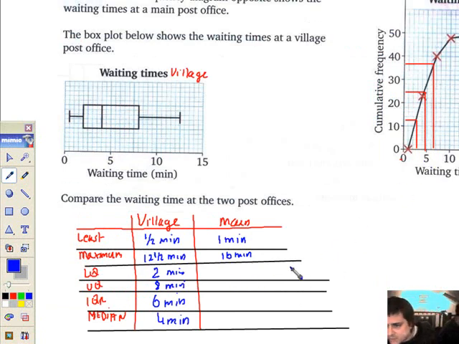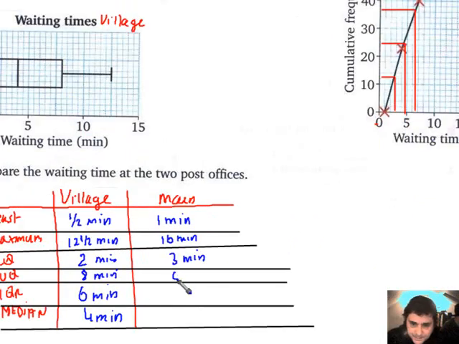Lower quartile, I'm going to go for 3 minutes, again very hard to tell. Upper quartile is that one there. It looks a bit like 6.5 minutes, doesn't it? The interquartile range, that take away that, 2.5 minutes for the main post office, and the median waiting time I'm going to go for 5 minutes.